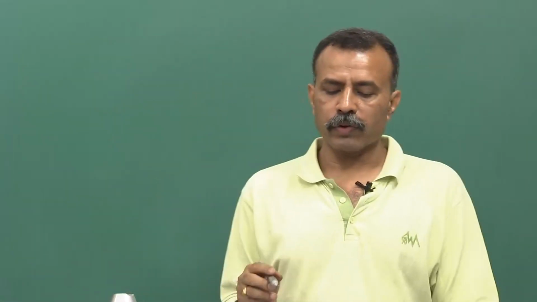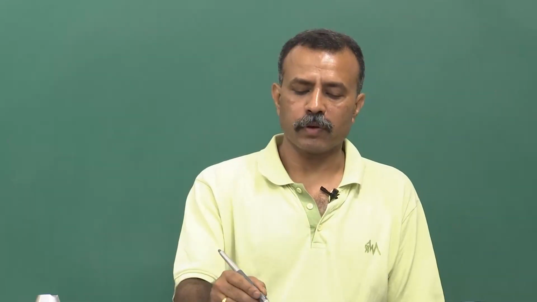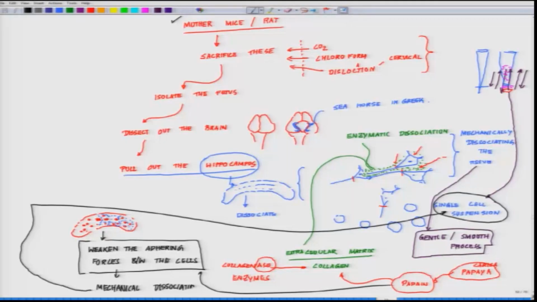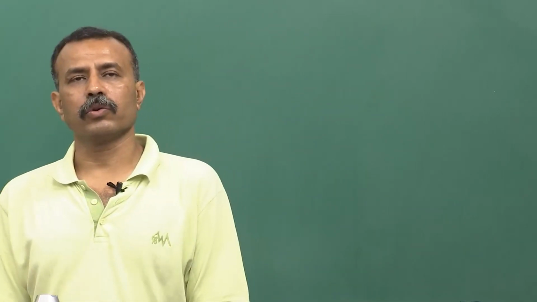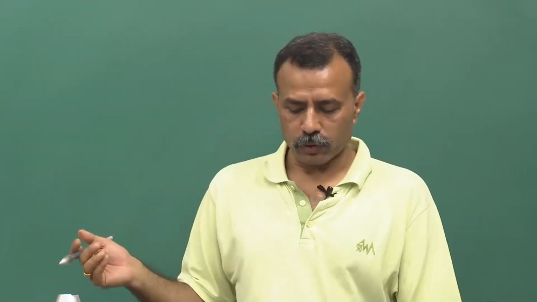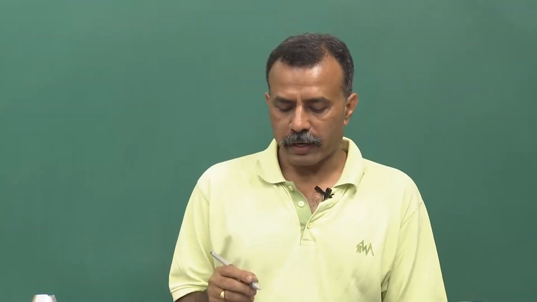But when we talk about the fetal tissue, to isolate hippocampus from mother mice or rats, like for the fetus, you really do not need to go through this whole rigor; you really can do it by mechanical dissociation. So, now once you have mechanically dissociated it, you have this in a tube. So, for example, this is the tube where you have collected.